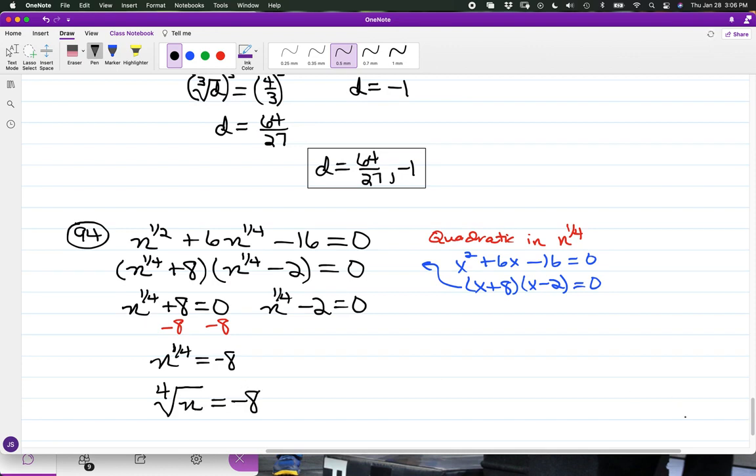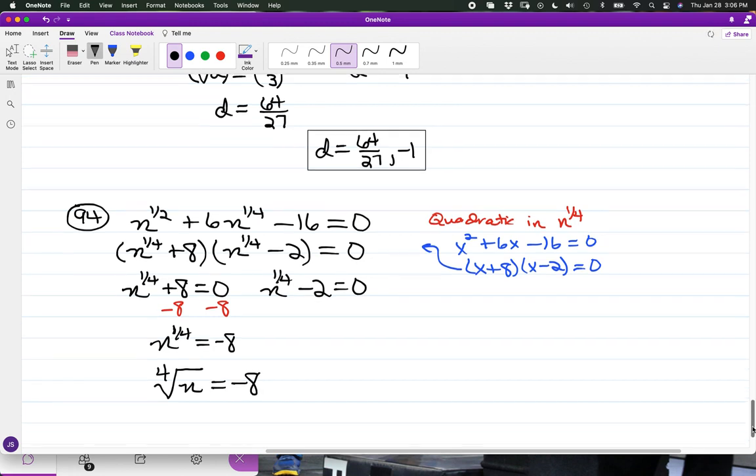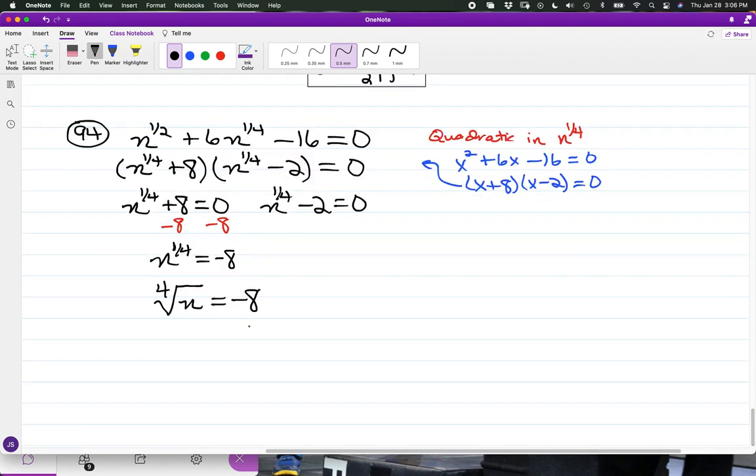And if you notice, we are now back to an even root radical. Since I'm dealing with an even root radical, the principal square root rule kicks in, where the even root of an expression cannot reduce to a negative constant. So for this particular portion, there's going to be no solution.